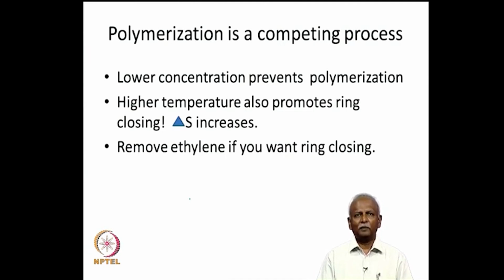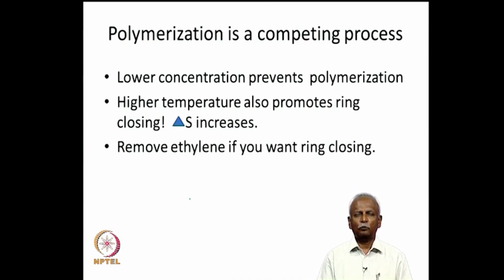If you have high temperature, then the ring opening and the elimination of ethylene is promoted, because T delta S increases in the process, and you can have a larger negative free energy change as a result of the reaction.